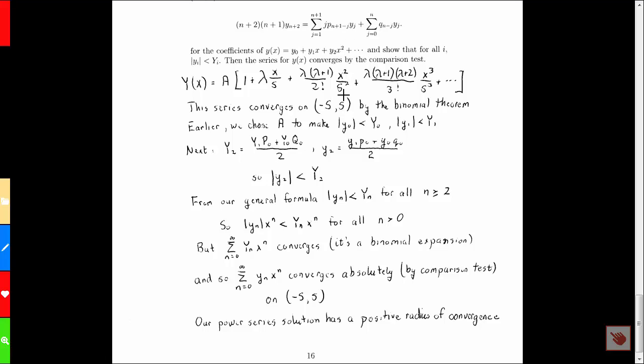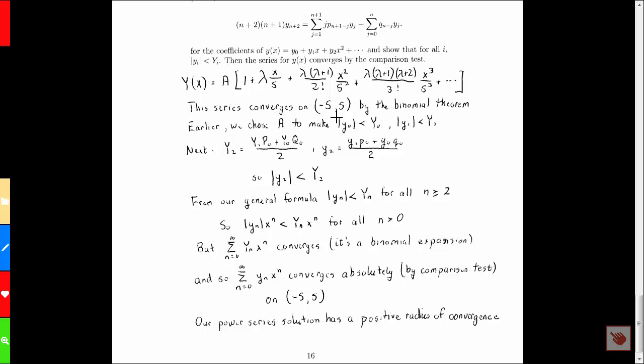All we have to do is show that the series for little y is term by term less than the series for capital Y, and we can invoke the comparison test to say little y is also a convergent series. The series for capital Y, as I've said, converges by the binomial expansion.